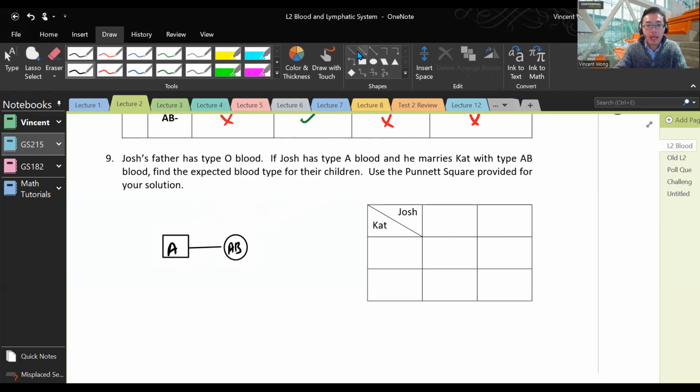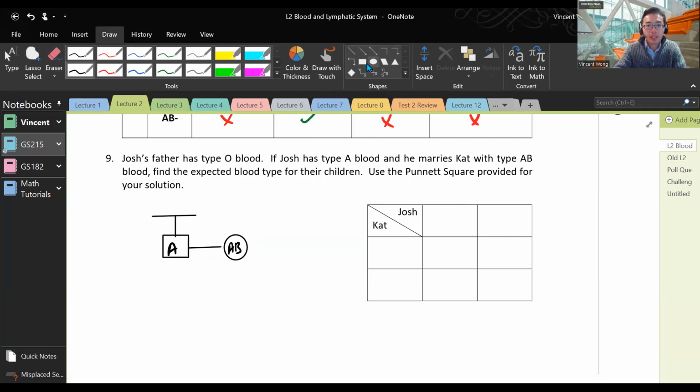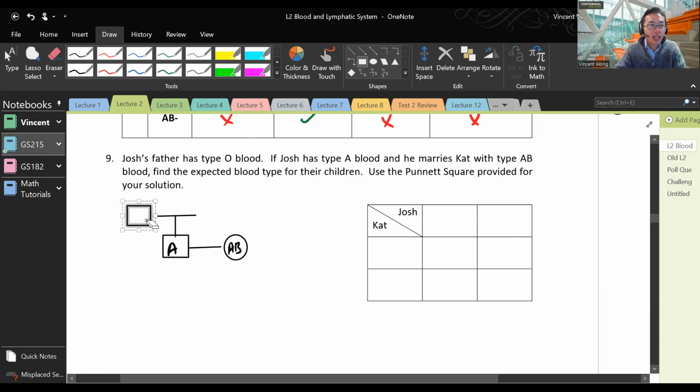Okay, and we know something about Josh's father, who is type O. So why do we have to involve his father? Why do we need to know his blood type? Well, we care because for Josh, who is type A blood, we know he has IA as one of the alleles, but is he IA IA, or is he IA little i?